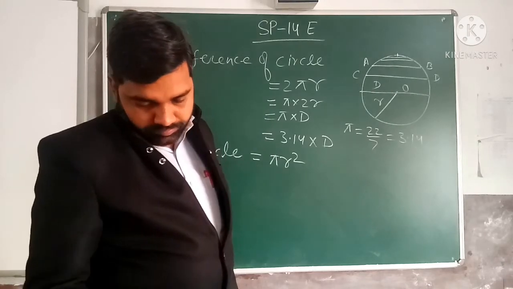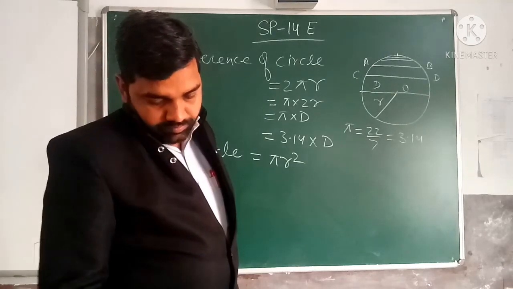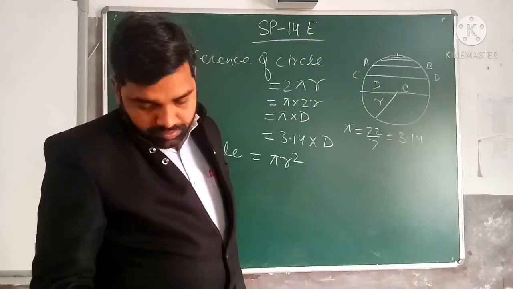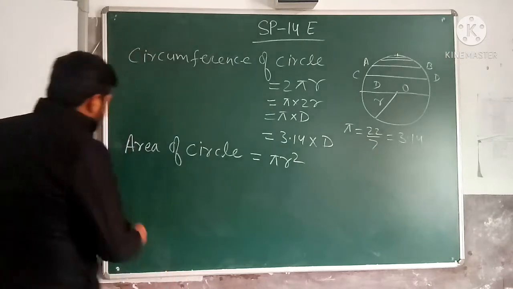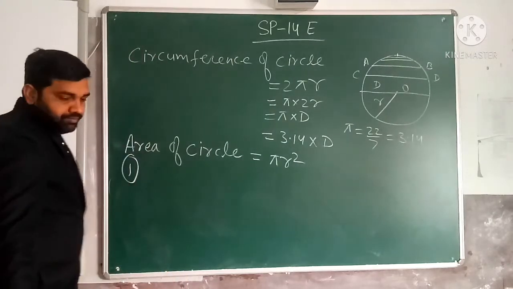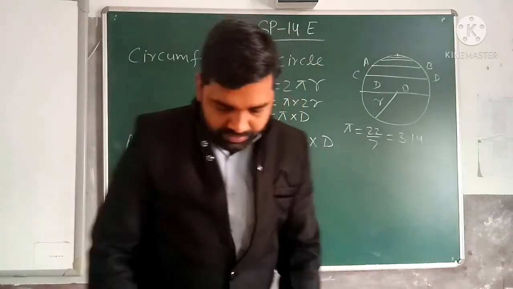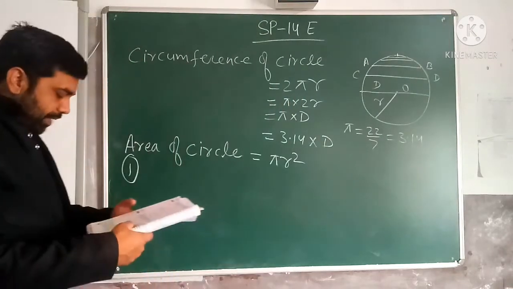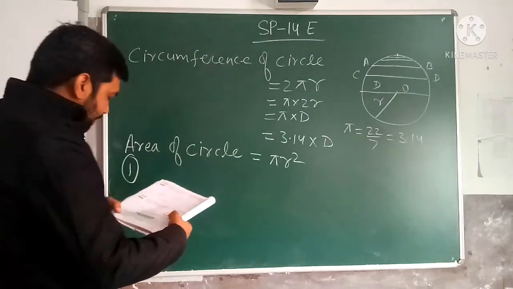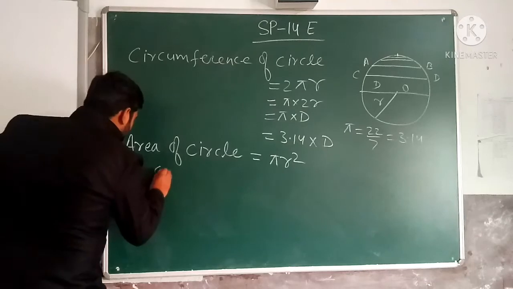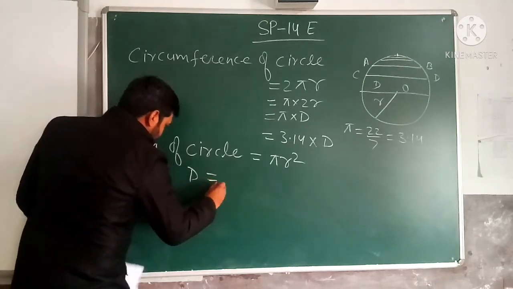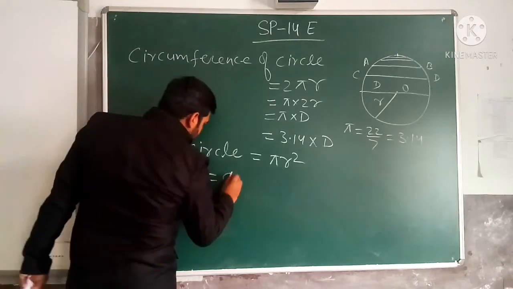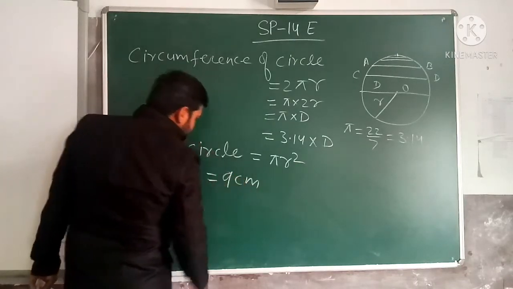Now we move to the exercise practice 14E, question number 1. In question 1, we have to find the circumference of a circle, giving the answer in terms of pi. The diameter D is given as 9 centimeter.